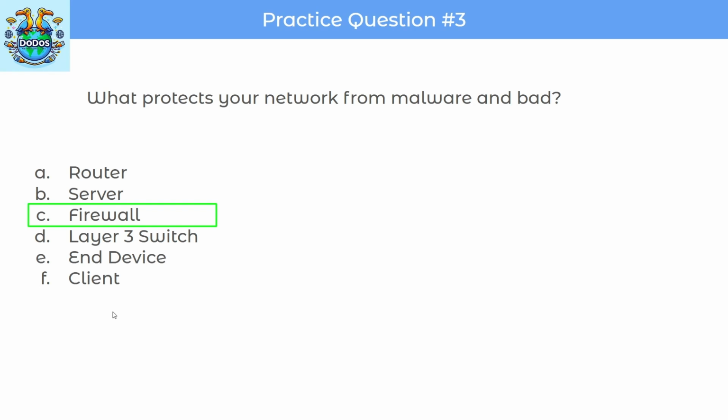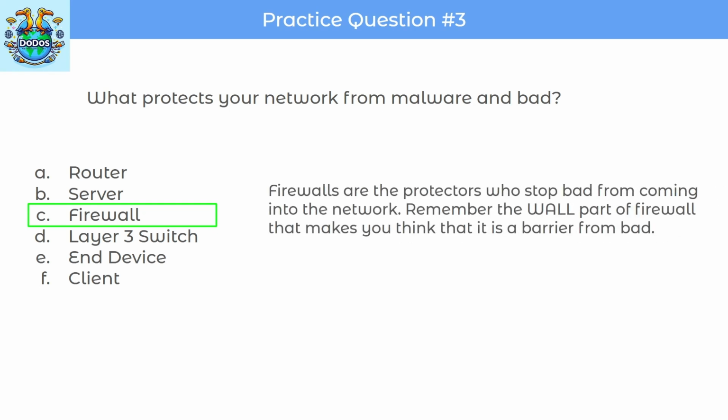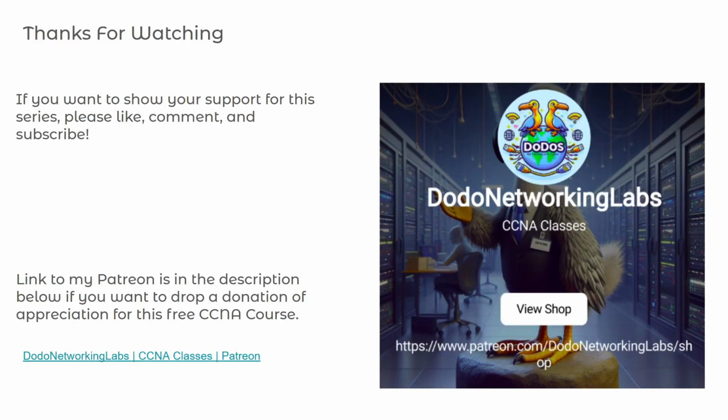I'd honestly just think of it as a wall that holds something bad out, right? That's why those old empires built walls, so you can have safety. So a firewall protects your network from malware and bad things. Just make sure you remember that, and you should be good. That's what firewalls do. They protect the network.